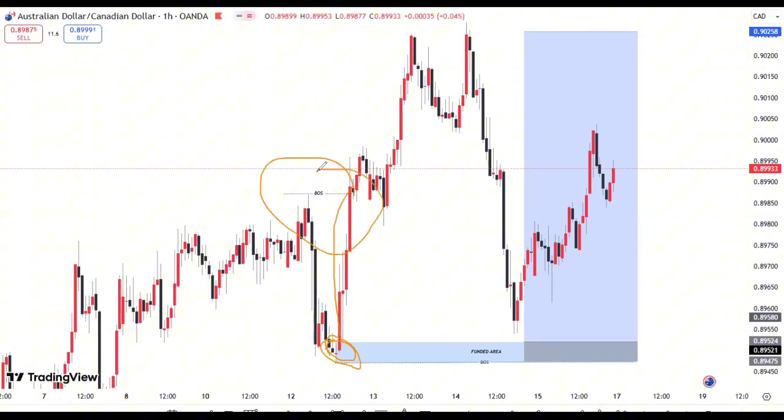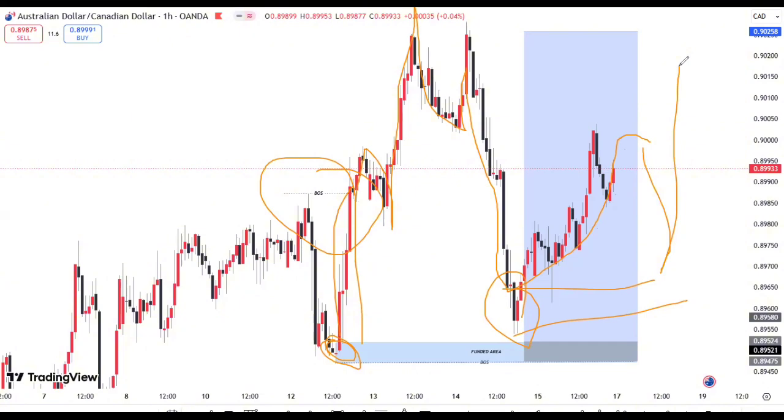It failed to retest it 100%, I mean, but it retested the correction impulse. After that impulse, market should come here to retest, then go upside.